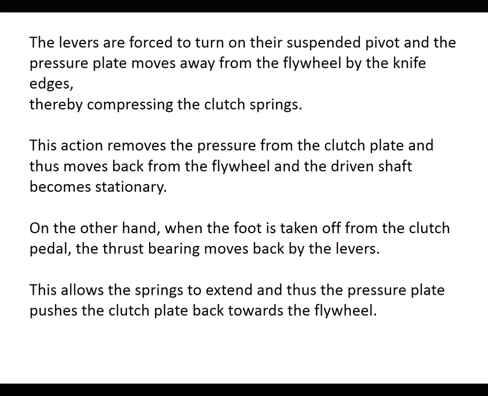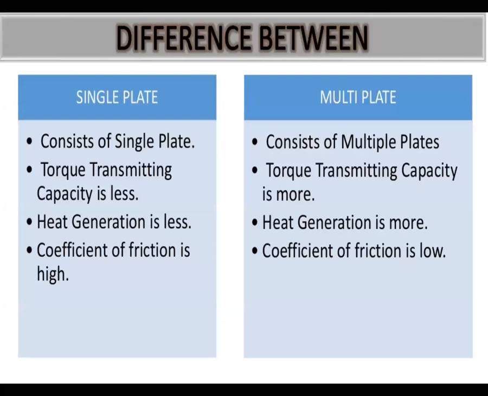The multi-plate clutch is nothing but the number of plates is increased on both sides. The multi-plate clutch working principle I'll take up in the next class, right? Before that, just one small difference between single plate clutch and multi-plate clutch.